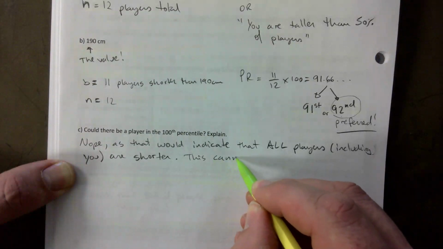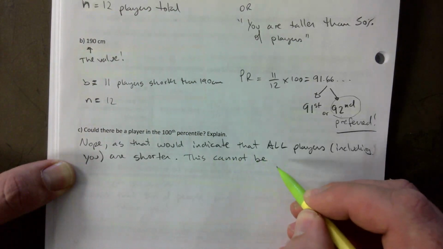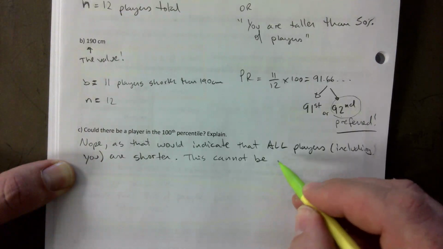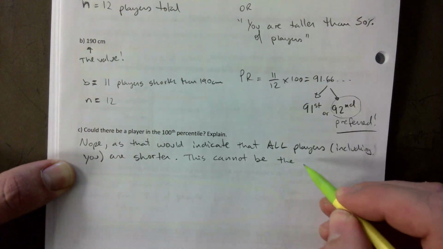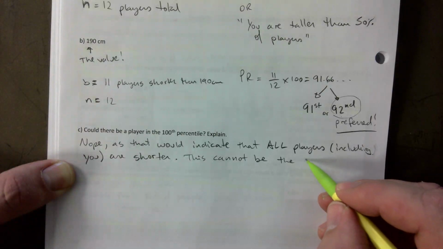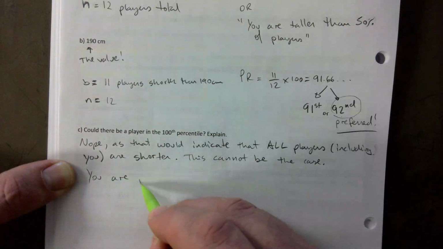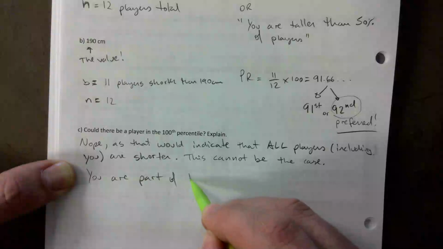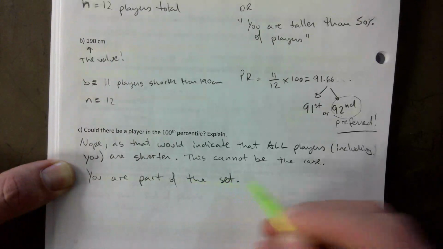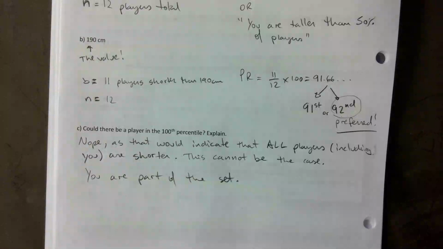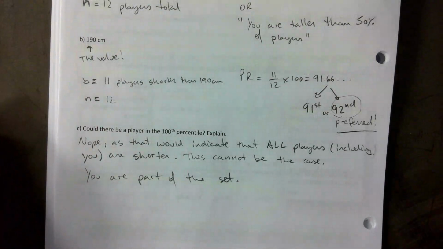This cannot be the case. You are part of the set. If you're saying, hey, my height is this, and you say, well, I'm in the 100th percentile, you're saying everybody, including me, is shorter than myself. And you cannot say that. It's a contradiction.